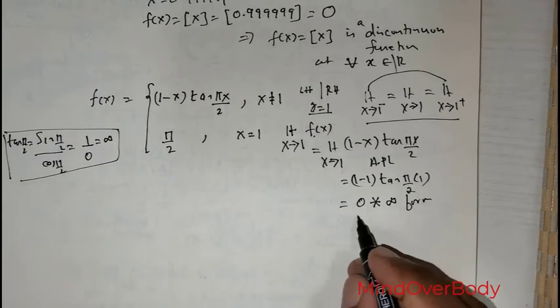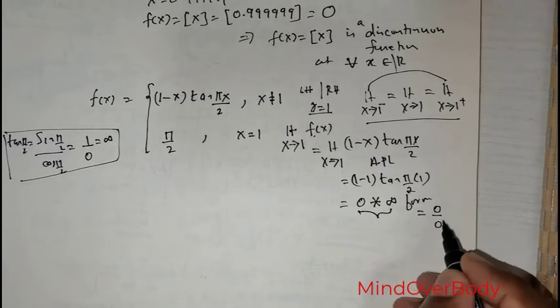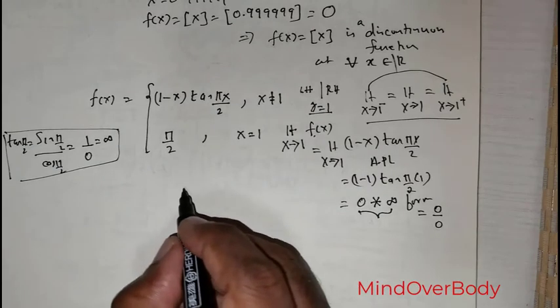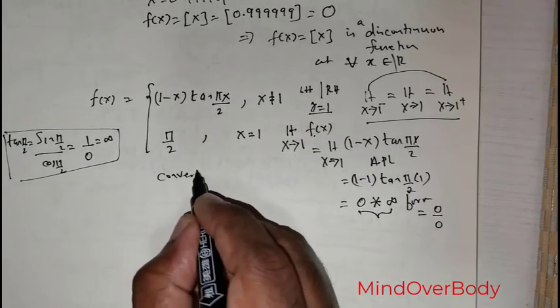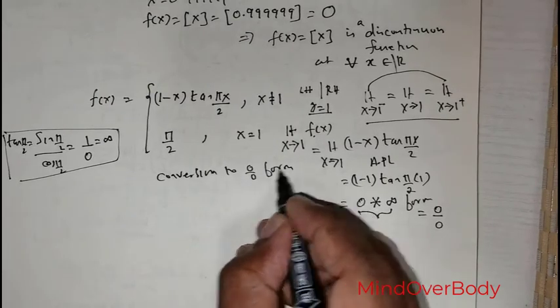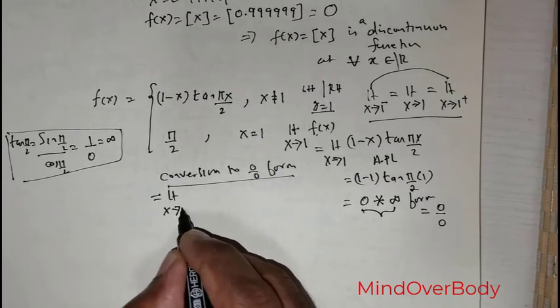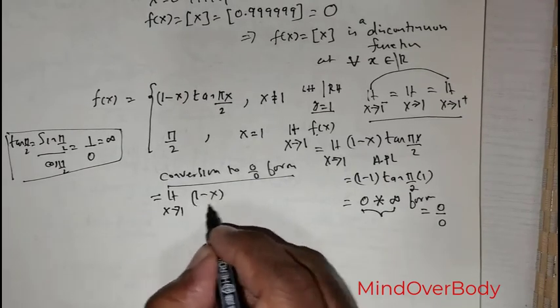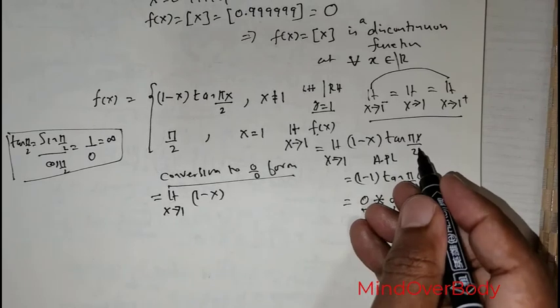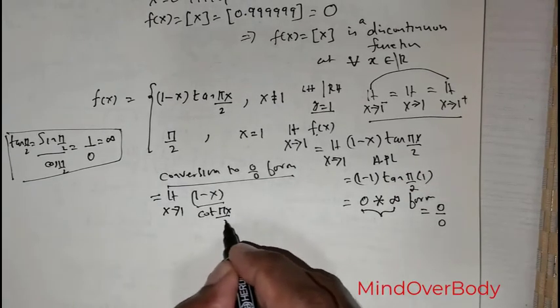Now whenever you get a form like this, this is indeterminate, but we will have to convert it into 0 over 0 form. So how are we going to convert it? I'm placing the conversion to 0 over 0 form over here. I'm going to write this as the limit as x tends to 1 of (1 − x) tan(πx/2) as (1 − x) over cot(πx/2).